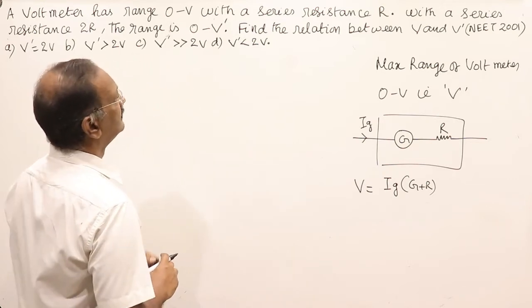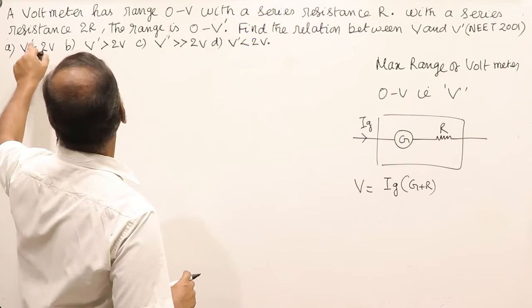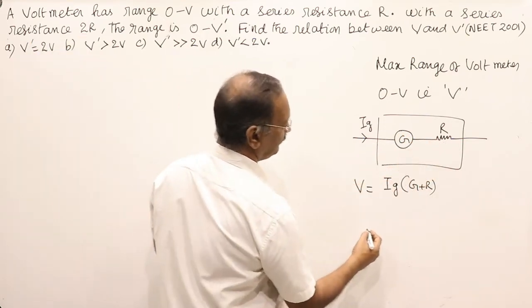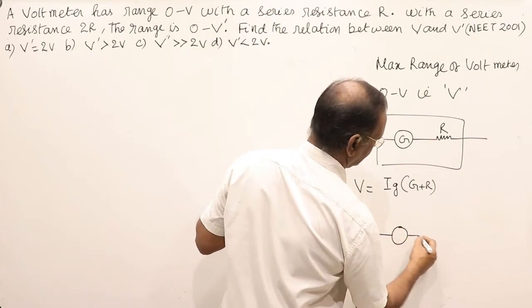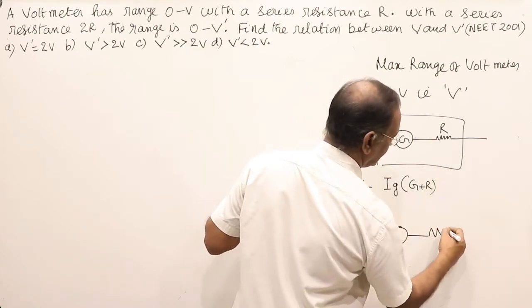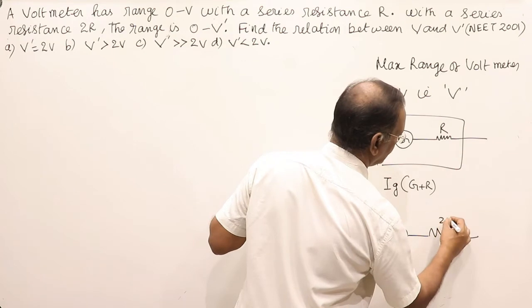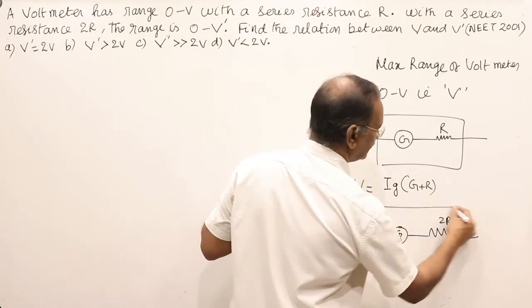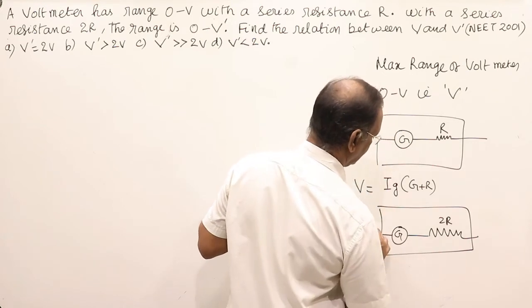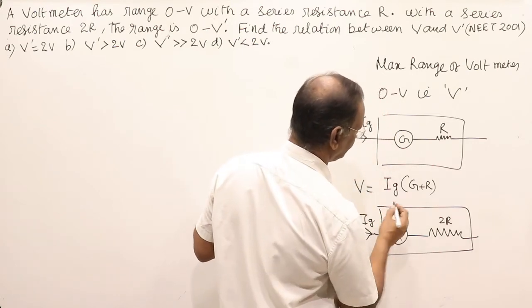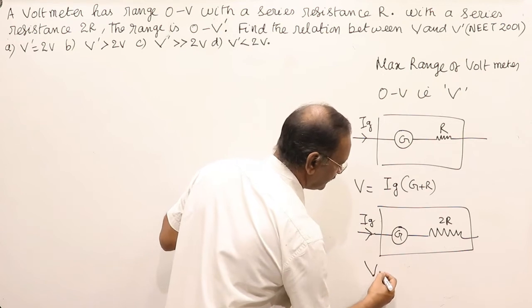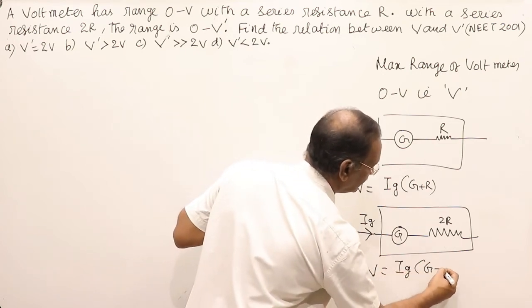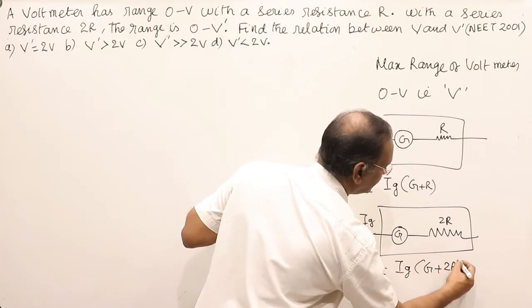Now the second equation, with a series resistance of 2R. It means this R is replaced by another resistance of 2R in the same voltmeter with G. This is the voltmeter status now, and this is Ig. So its maximum range is equal to Ig into galvanometer resistance plus the series resistance.